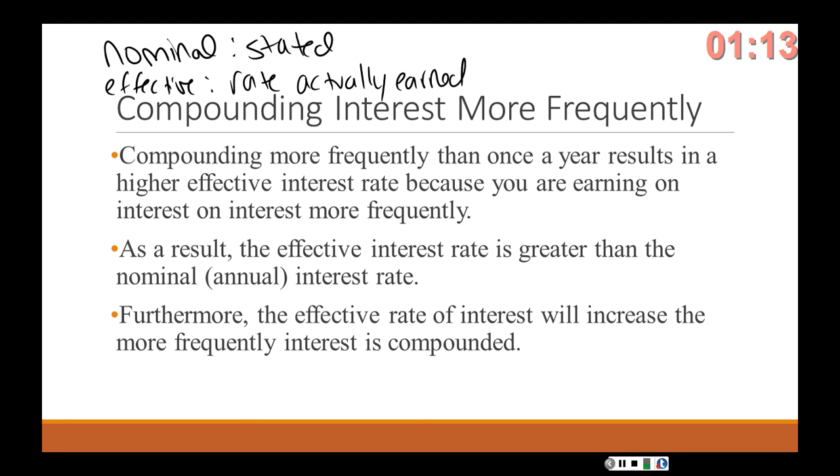And these two are only different if we have compounding more frequently than annually. So if we have semi-annual compounding or quarterly compounding or anything narrower than that, the effective rate is going to differ from the nominal rate.